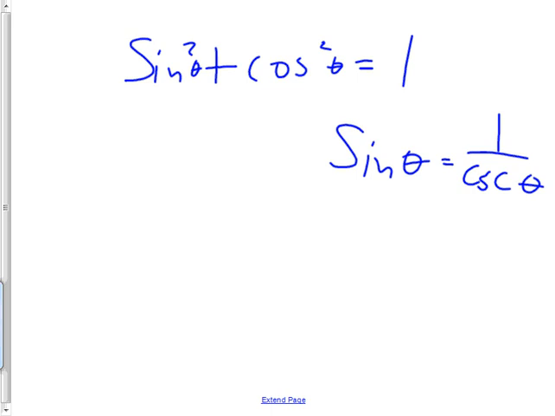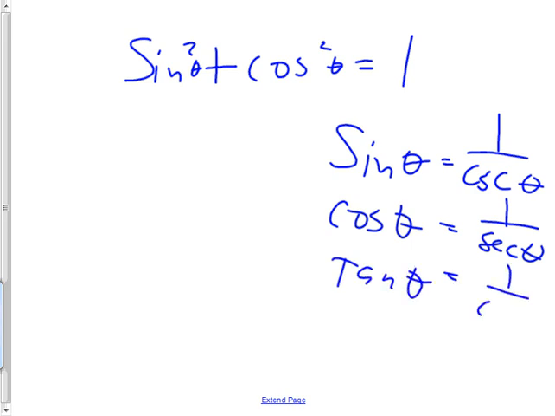All right, then I'll give you this list right now. Cosine is 1 over secant. Tangent is 1 over cotangent. And of course cosecant is 1 over sine, but that'd be kind of repetitious, so I'll stop there.